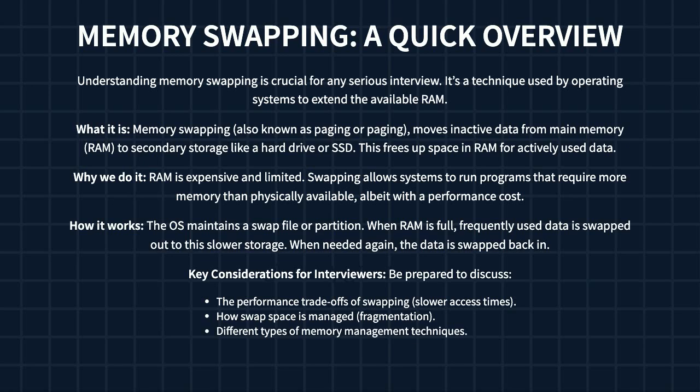When you need something that's currently stored on the disk, it gets moved back into RAM, leaving room for what's actively being used. It's slower than using RAM. Directly accessing data from a hard drive takes much longer, but it lets us run bigger programs and handle more tasks. Interviewers will often want to know about the performance impact, how the swap space is managed, and how it fits in with other memory management strategies.